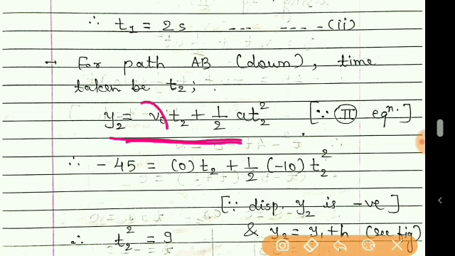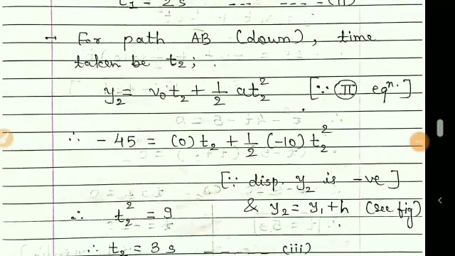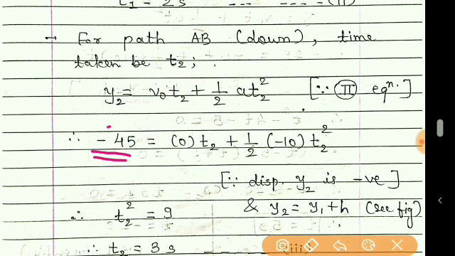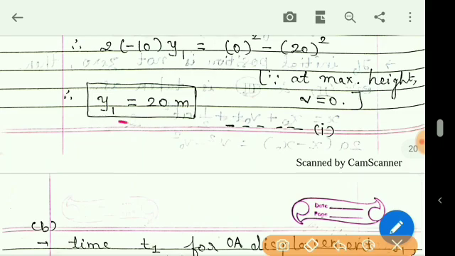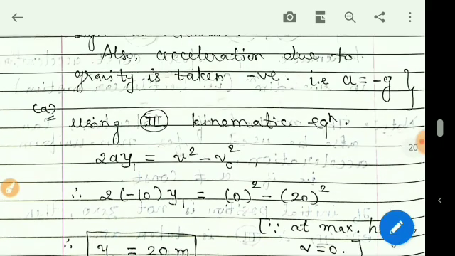Initial velocity is 0, acceleration is 10, displacement y2 is taken minus 45. Now why is it 45 and why is it negative? Let me show you. Students, we have already obtained this displacement, that is 20 meter. y1 is 20 meter.